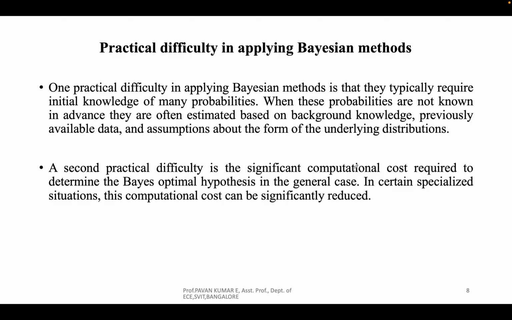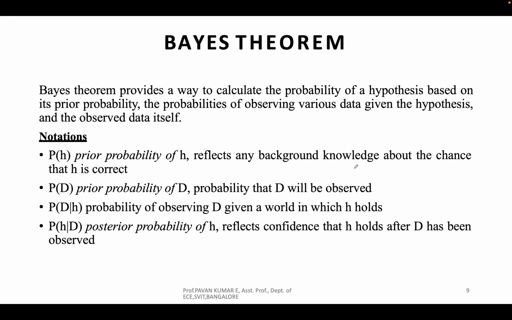The second practical difficulty is the significant computational cost required to determine the Bayesian optimal hypothesis in the general case. In this way, two practical difficulties may occur in Bayesian methods.